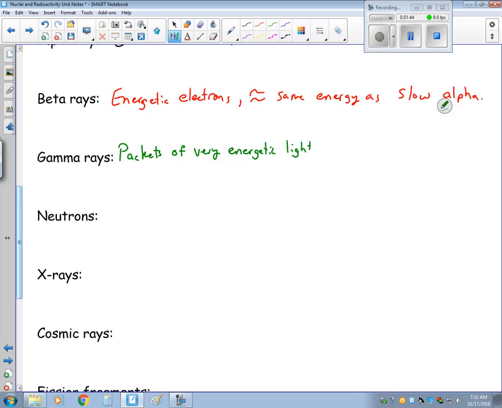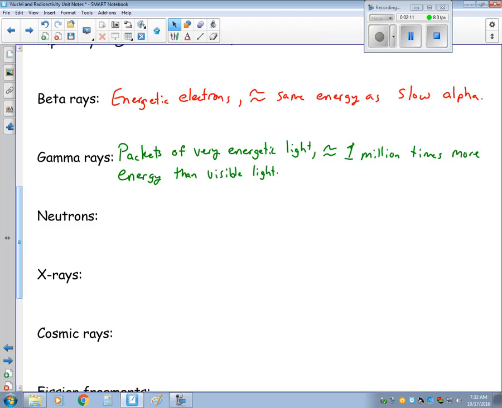They're about 1,000,000 times as much energy as visible light. We'll spend a whole 2 units talking about light and invisible light.